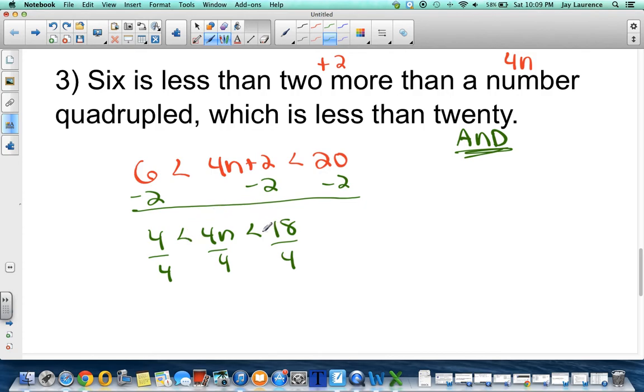What's that, Sean? Hopefully you're saying both of them, right? Okay, so 4 divided by 4 is 1, so 1 is less than n. And then half of 18, I think, is 4.5, right? Cut in half, get 9. Cut that in half, get 4.5.